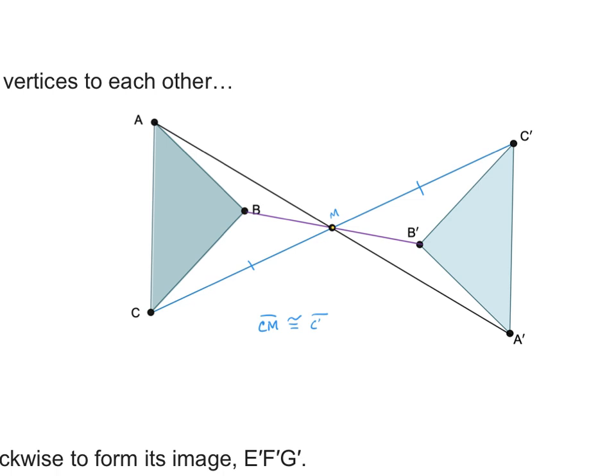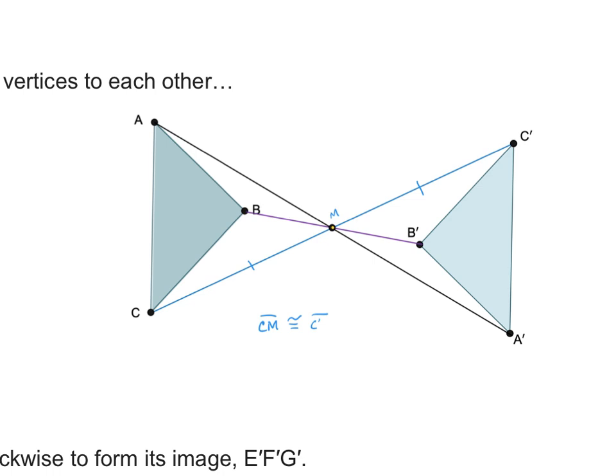Okay, they're congruent because they're equidistant as they traveled about the origin, right? C is going to be the same distance from the center as C prime. So that's what they're talking about there.